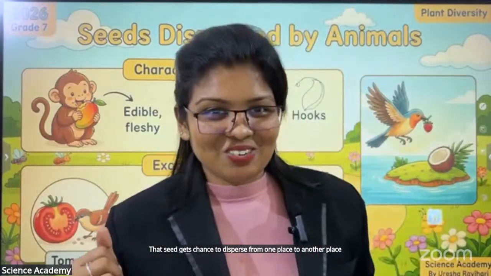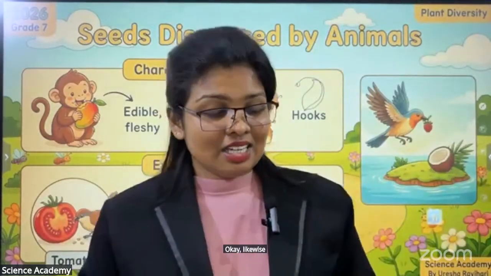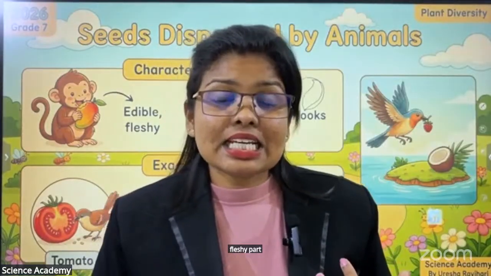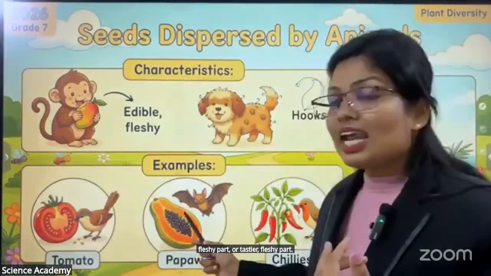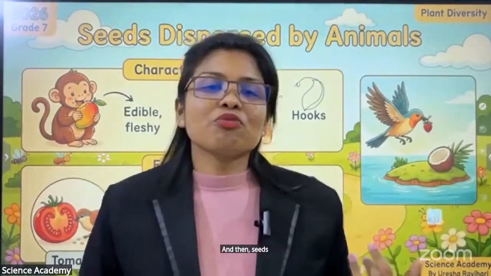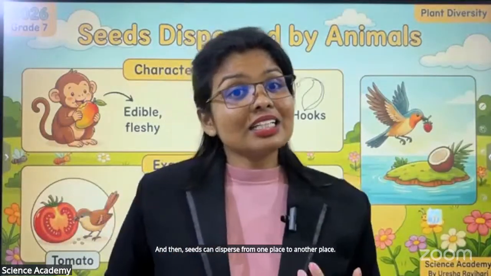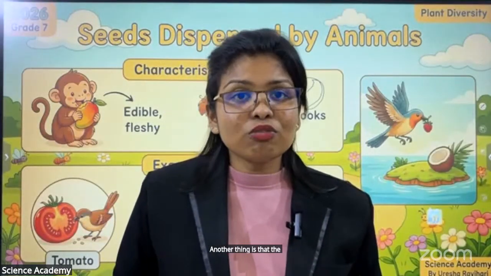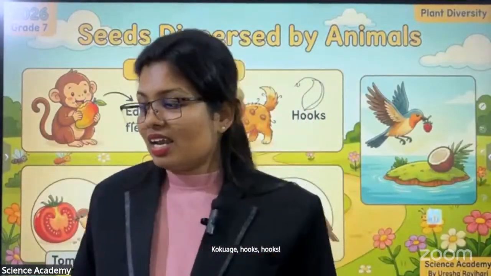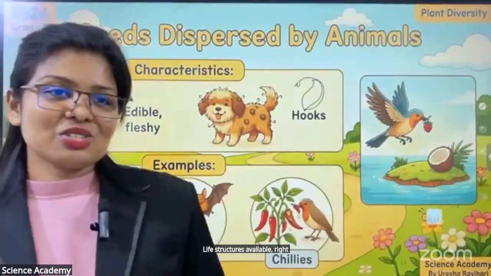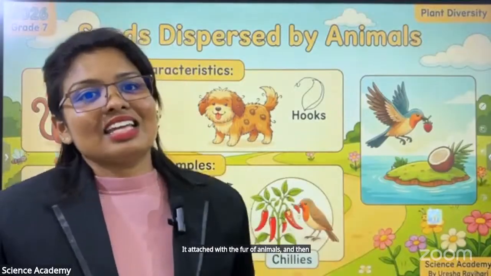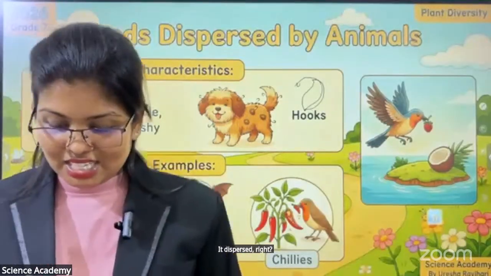Likewise, there is a tastier fleshy part, so animals eat it and seeds disperse. The other thing is the presence of hook-like structures, which attach to the fur of animals and disperse. What is the other thing?